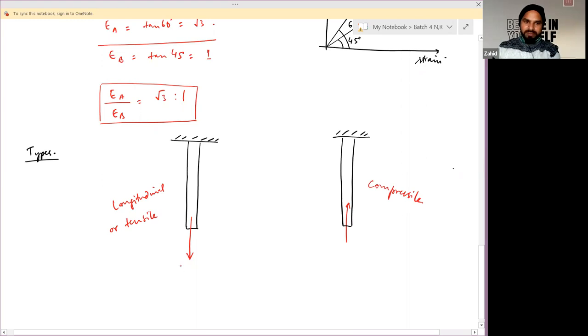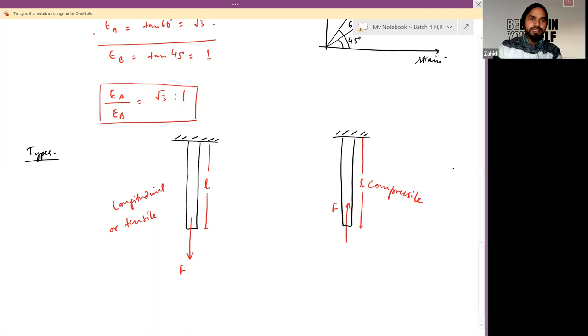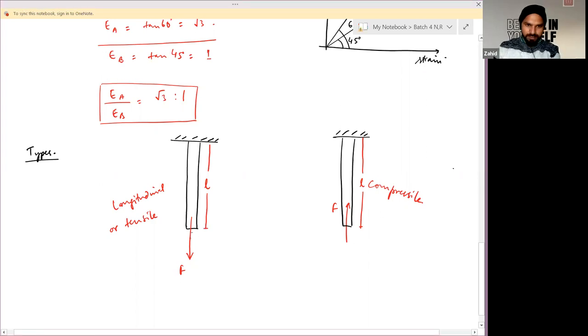Now, due to this deforming force F, initially the rod is of length L. Due to this deforming force, it will slightly extend to this point.